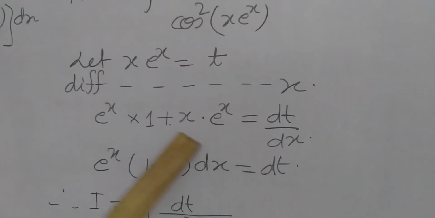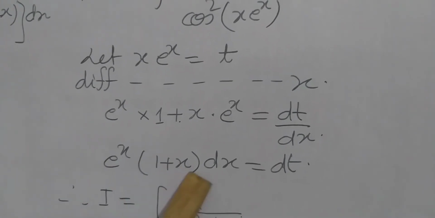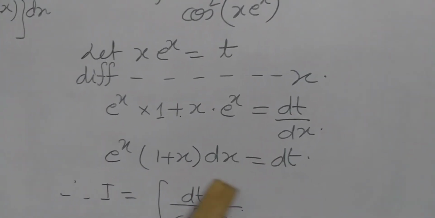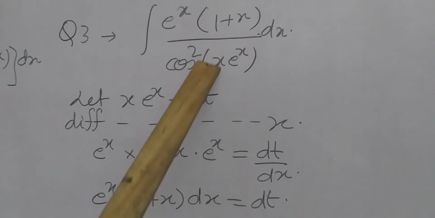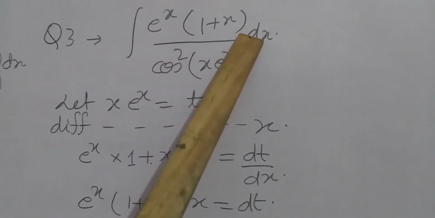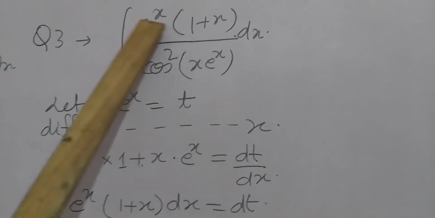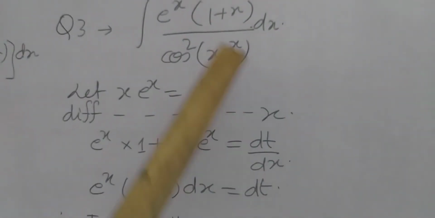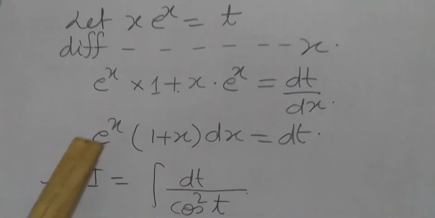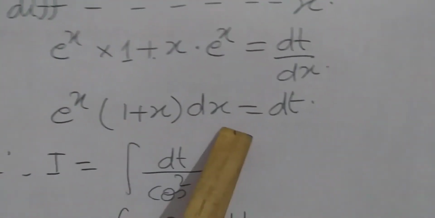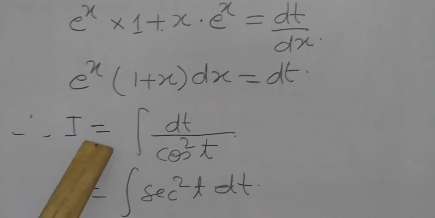So when we take e to the power x common, we get e to the power x, 1 plus x dx equal to dt. So you can see, student, when we suppose it as t, we have got this. Its differentiation is equal to this. That's why we have supposed x into e to the power x equal to t.